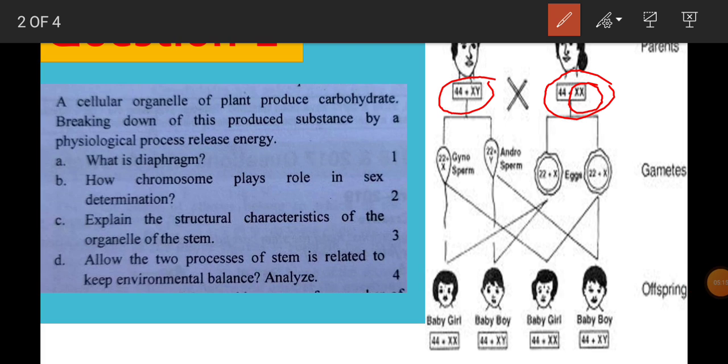From the parents, when forming gametes, one copy of a chromosome will go, either X or Y. In the father, there will be two types of gamete, X and Y, but in the mother, there will be one type of gamete, that is only X. And that's why when a baby inherits the Y chromosome from his father, he will be a baby boy. So these two chromosomes, X and Y, determine whether a baby will be a boy or girl.